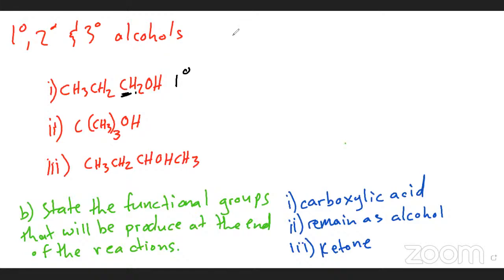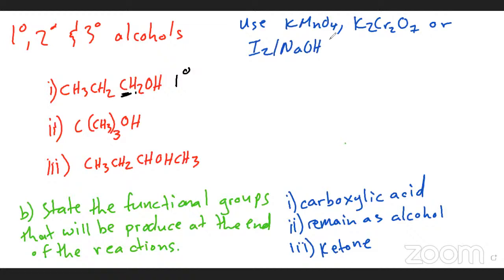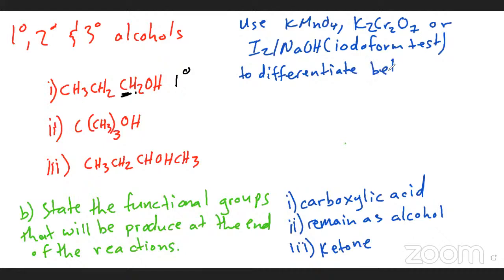So you could use KMnO4, K2Cr2O7, or iodine in sodium hydroxide, which is the iodoform test, to differentiate between primary and tertiary or secondary and tertiary alcohols.